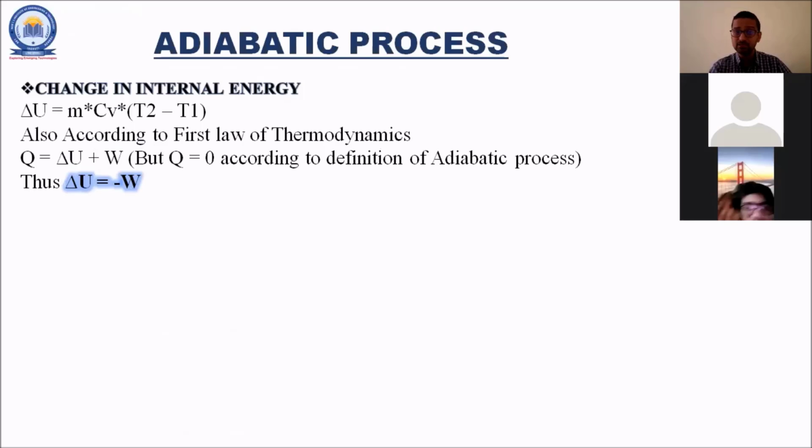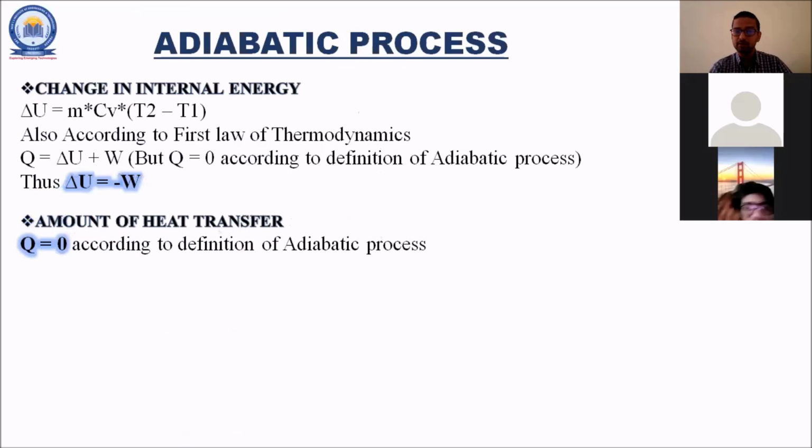So delta U is equal to minus W. Amount of heat transfer, according to the definition, Q is equal to 0. Change in enthalpy, standard equation, that is delta H is equal to mCp T2 minus T1. So dear students, I hope you are understanding these points.